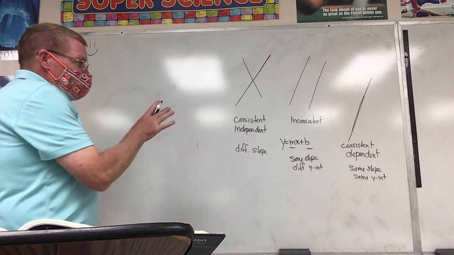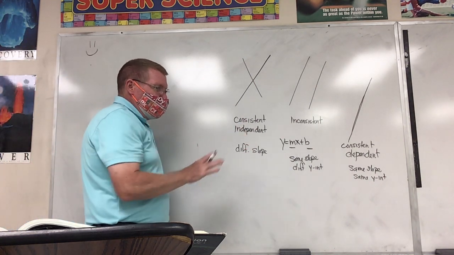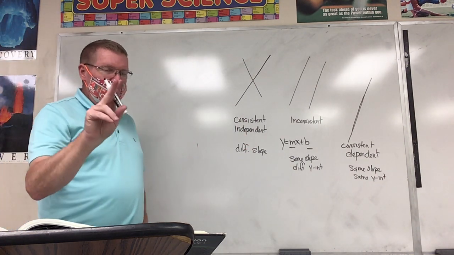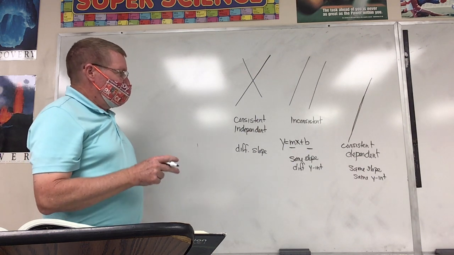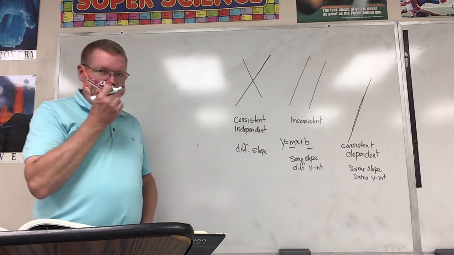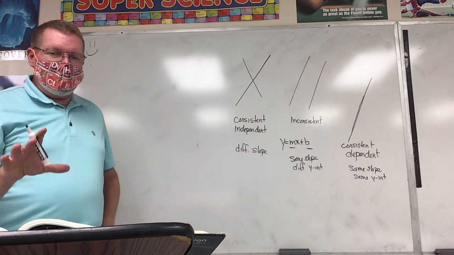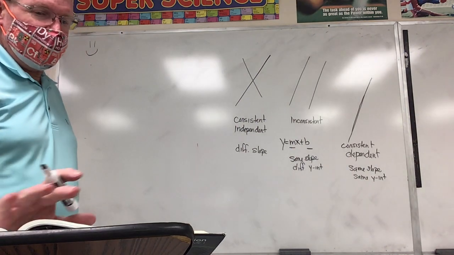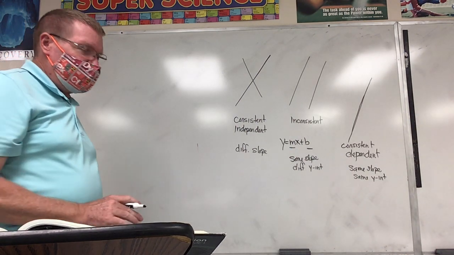So these are our three different systems of linear equations. We're talking about two linear equations at the same time. When I'm solving a system of linear equations, I am finding the point or points that will make both equations true.